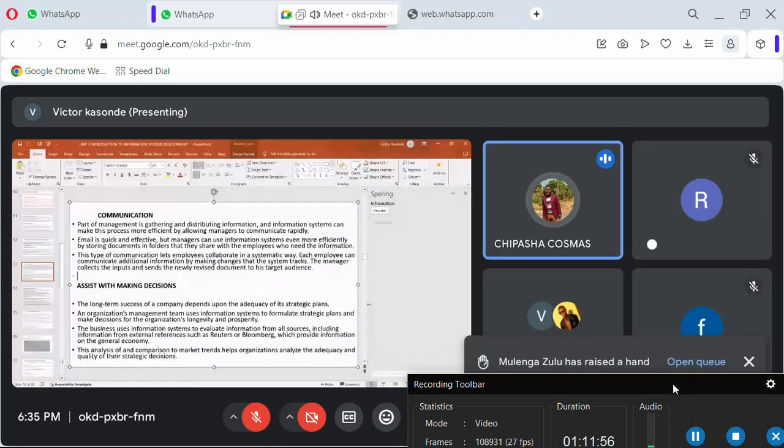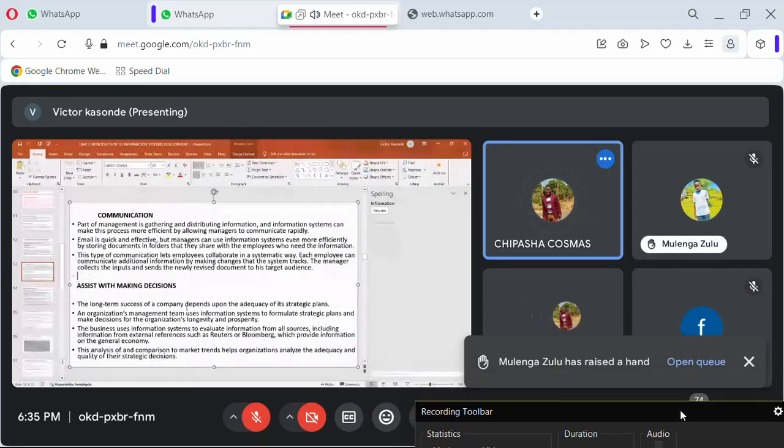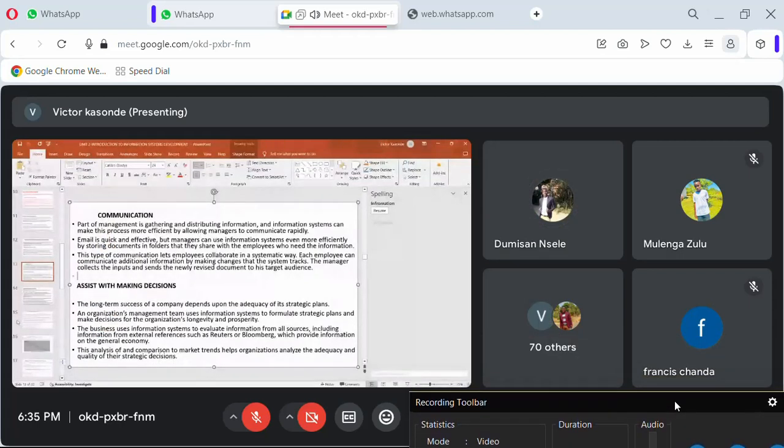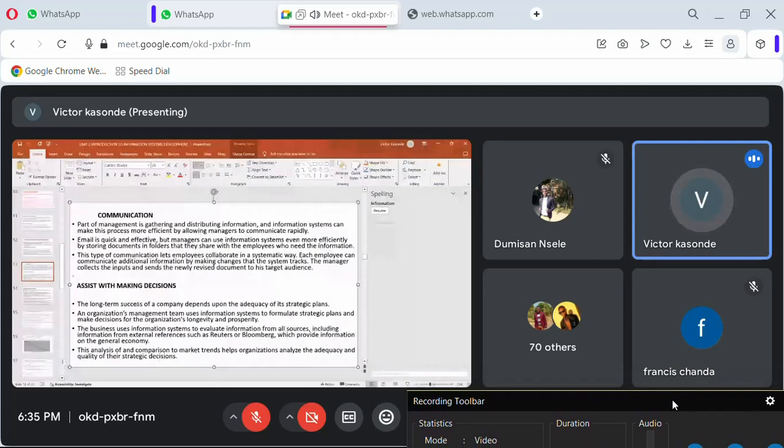Okay, let us look at how information systems assist with decision making. The long-term success of a company depends upon the adequacy of its strategic plan. Every organization is supposed to have a plan.